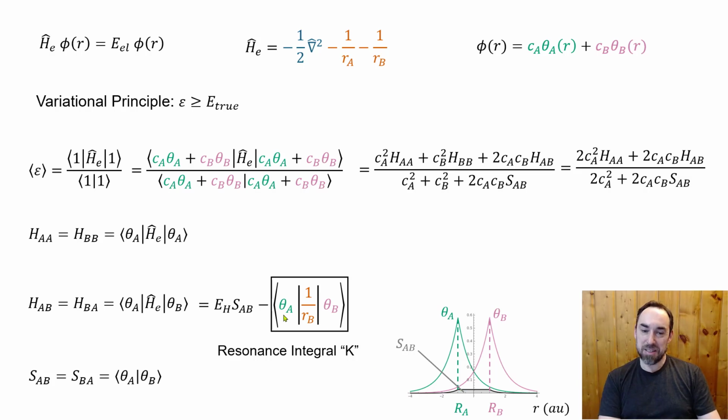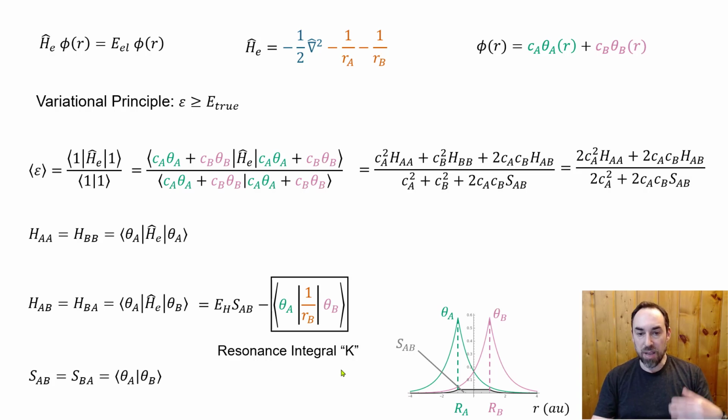It's the interaction of the overlap density, so the gray area between atom A and atom B, so the electron density that is shared by the two atoms, with one of the two atoms, but it's the same distance, either atom A or atom B. Here in this case, it's going to be atom B.